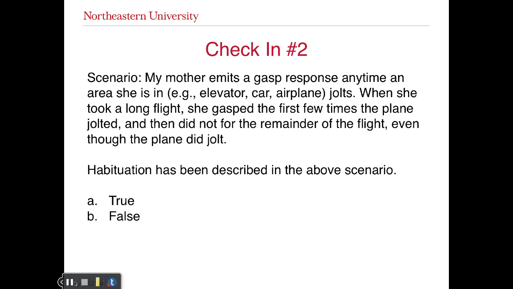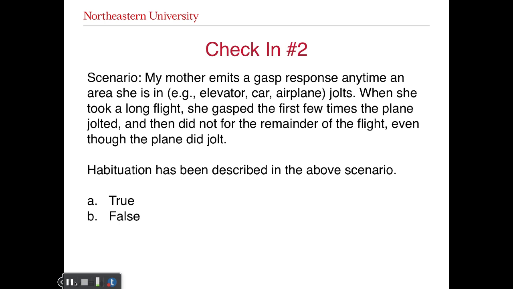So this is actually true. Every time a car stops quickly, an elevator jolts, or an airplane moves quickly, my mom does elicit a gasp response. And this is clearly some type of reflexive response.